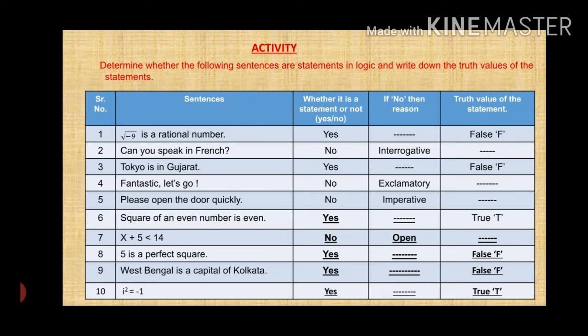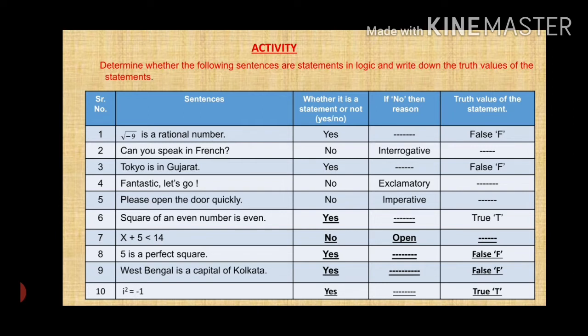I have already told you the interrogative, imperative and exclamative sentences are not statements in logic. Only the simple declarative sentence will be the statement in logic. And if the statement is true, the truth value will be T. If the statement is false, the truth value will be F. Very simple. Let's see the first example. It is already solved and given.